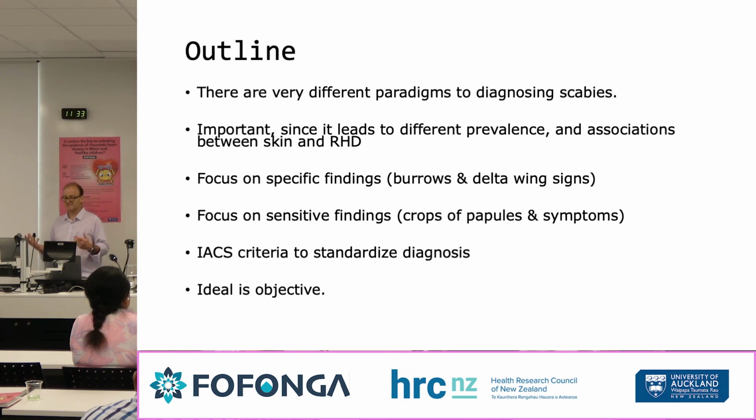And the IACS criteria, as Diana's mentioned, kind of include both groups. The specific findings are termed confirmed scabies, whereas the sensitive findings are termed clinical scabies or suspected scabies.